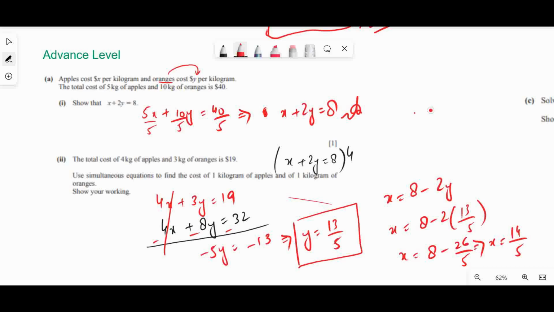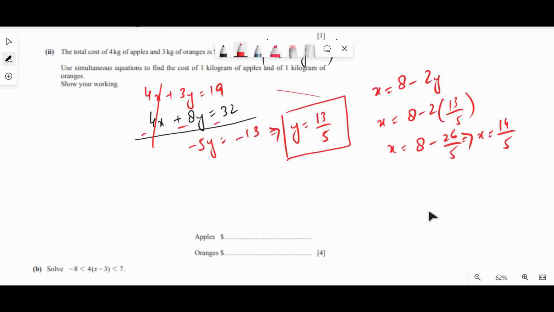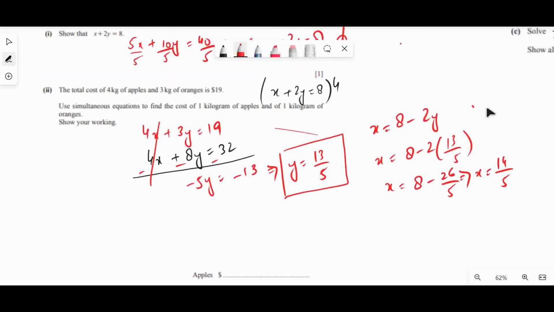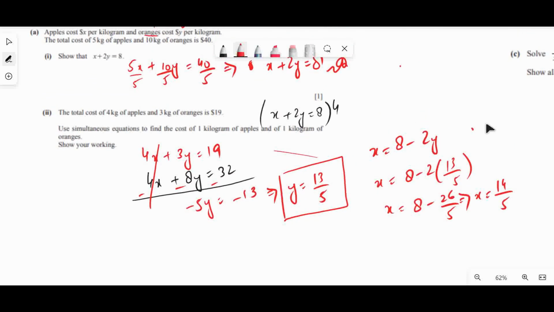Here we have to find out the cost. They have asked us to find out the cost, so we need to convert it. Let's see what x was. We can see that x was the cost of the apple.